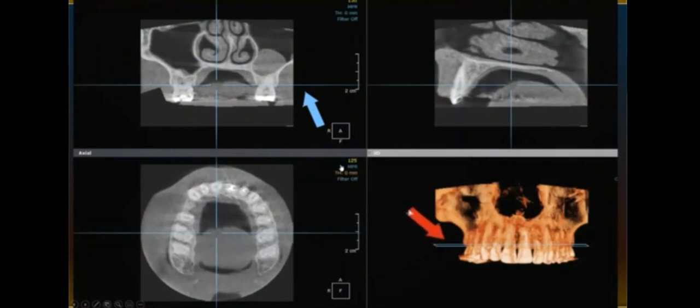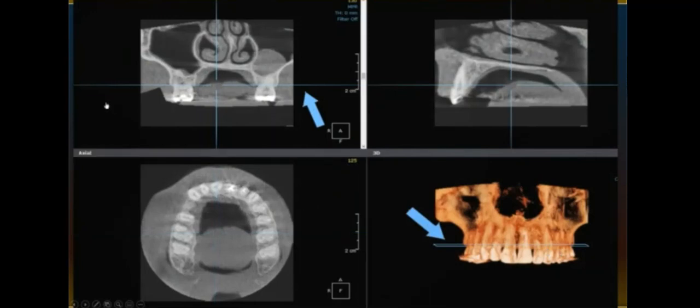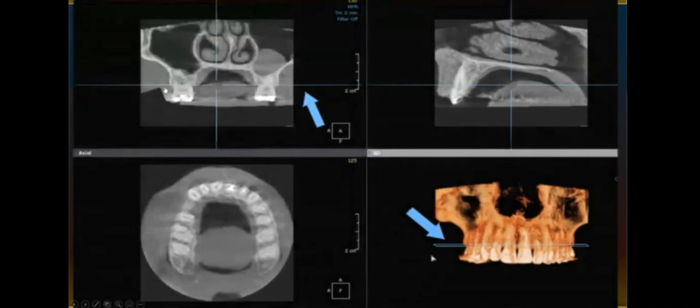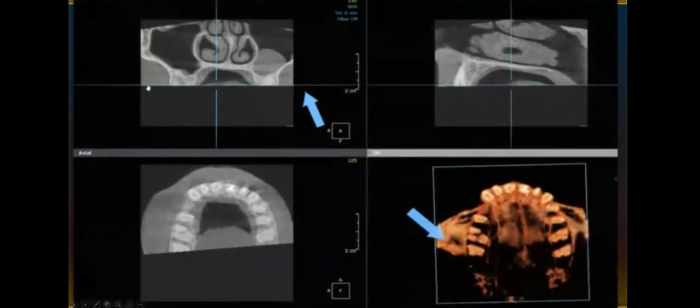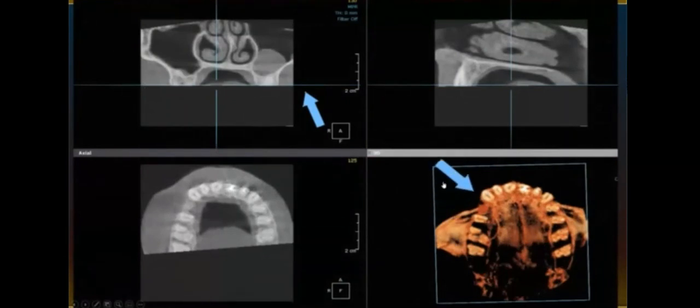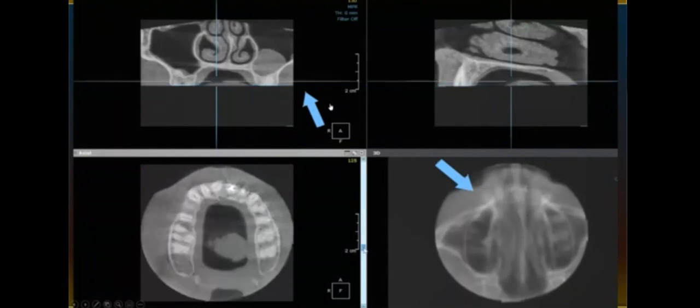This horizontal line is present similarly there. This horizontal line shows what the axial cut is representing, as if we are cutting from here and checking the 3D image from there. So the location of these lines shows us from where we see the image. You can consider it like a knife that you are cutting inside the bone, and after cutting it, you are checking from inside. This is exactly how we read the CBCT.